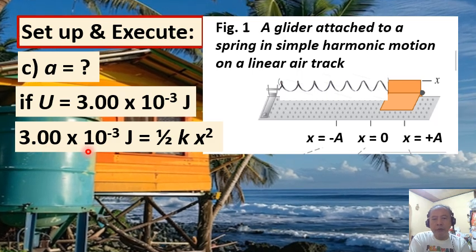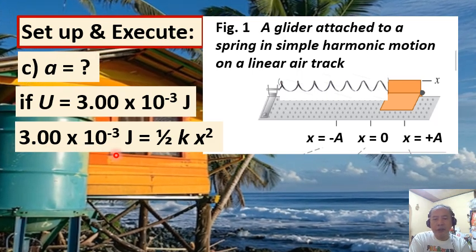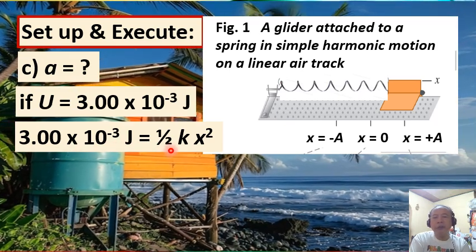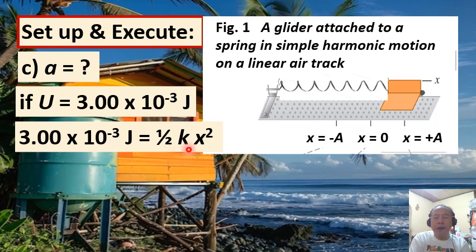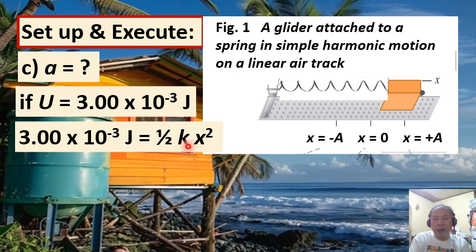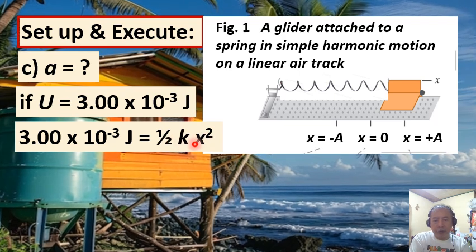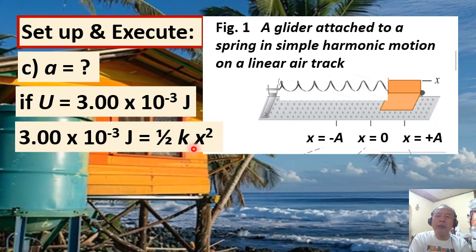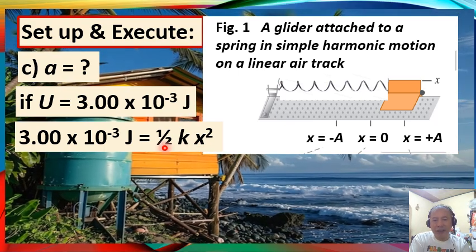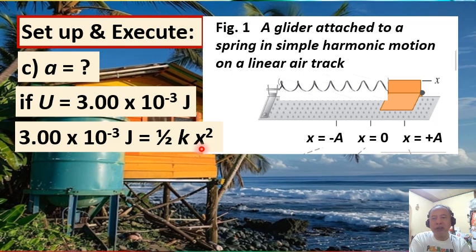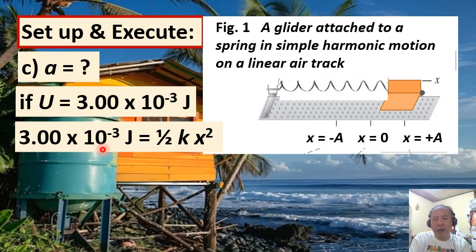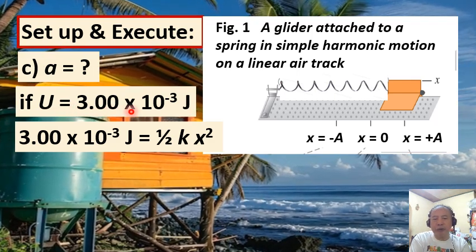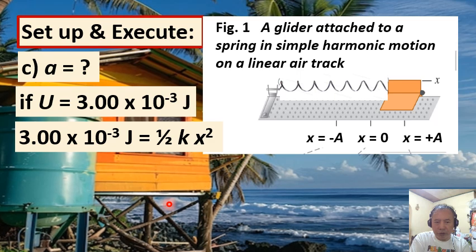So, the given amount of potential energy, 3.00 times 10 to the negative 3 joules, is just equated to the formula for elastic potential energy, or 1 half k x squared. So here, our goal is to determine this value of x, or the position of the glider when it acquires an elastic potential energy exactly equal to 3.00 times 10 to the negative 3 joules, right?